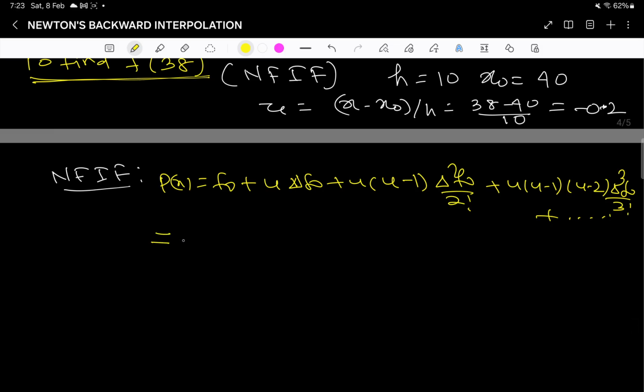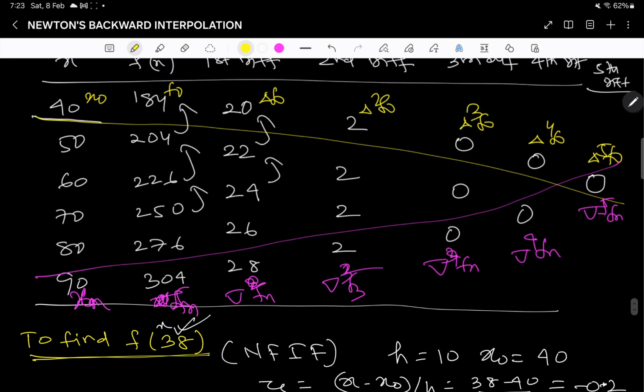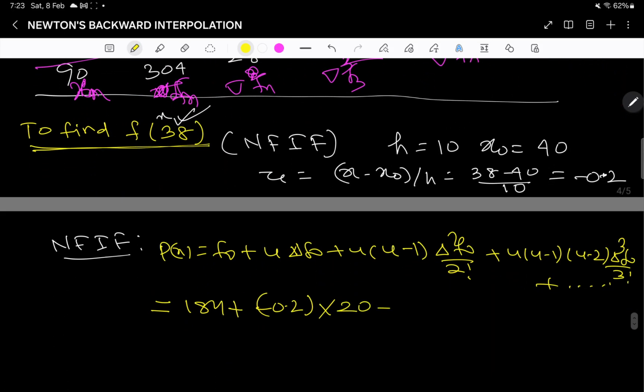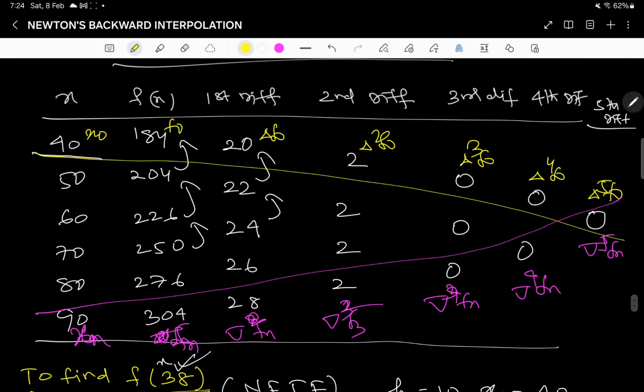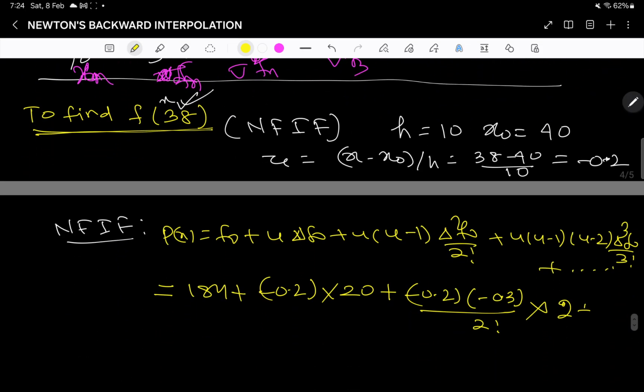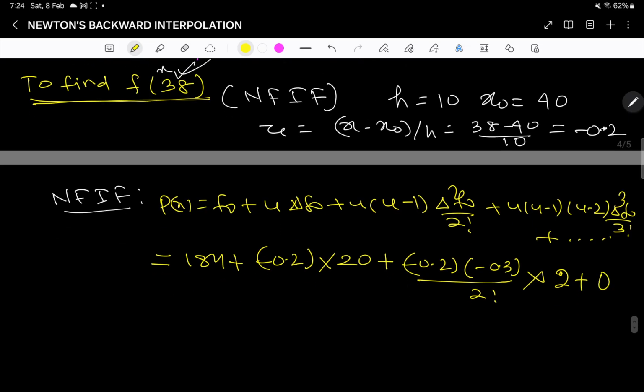My f0 value is 184 plus my u is minus 0.2 into del f0 is 20, then plus minus 0.2 into minus 0.2 minus 1, which is minus 1.2, divided by factorial 2, into del square f0 here is 2, and the rest onwards is 0.